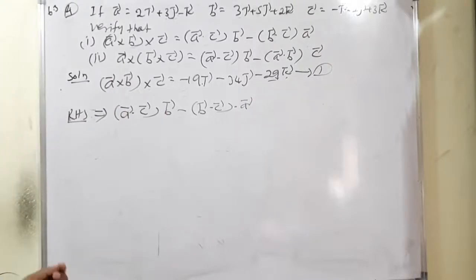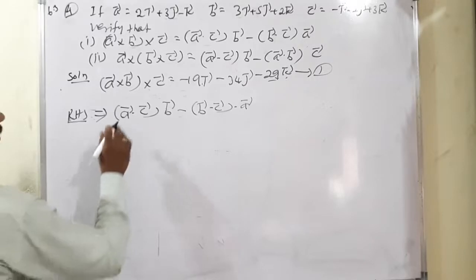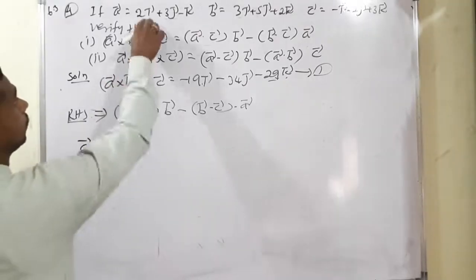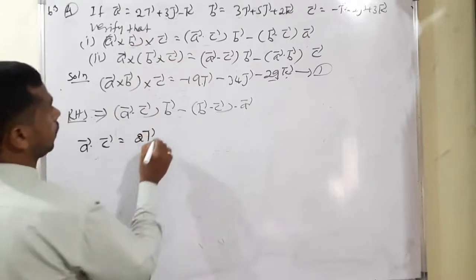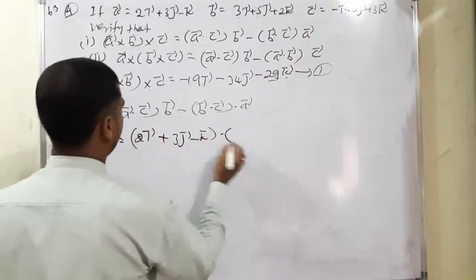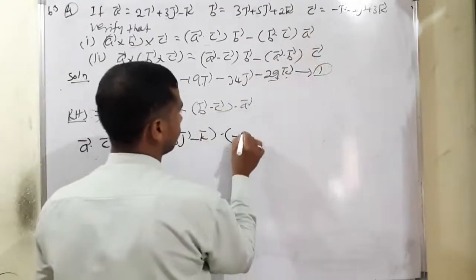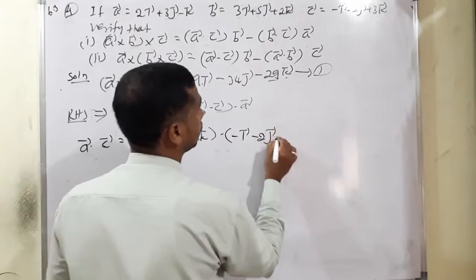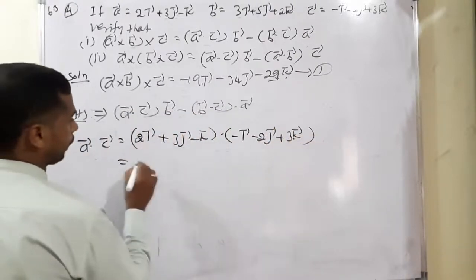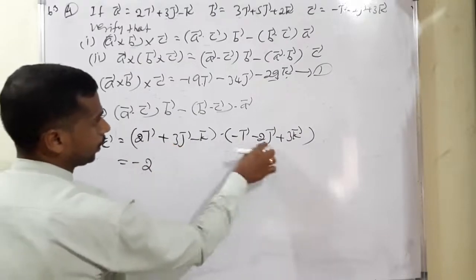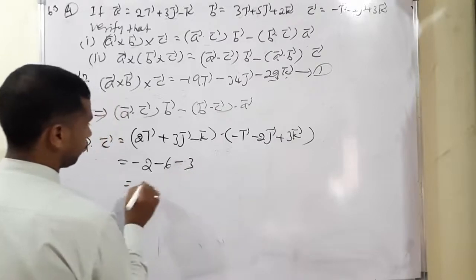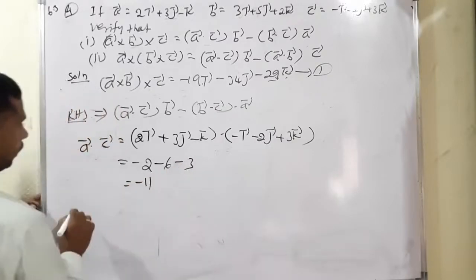So now look. A vector dot c vector: a vector is 2i vector plus 3j vector minus k vector, dot c vector, which is minus i vector minus 2j vector plus 3k vector. 2 into minus 1 is minus 2, 3 into minus 2 is minus 6, minus 1 into 3 is minus 3. Therefore, minus 11 will come.